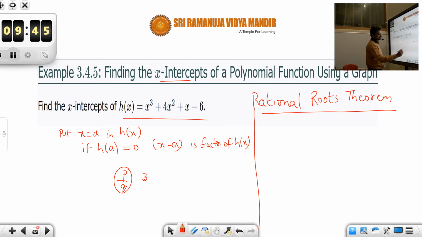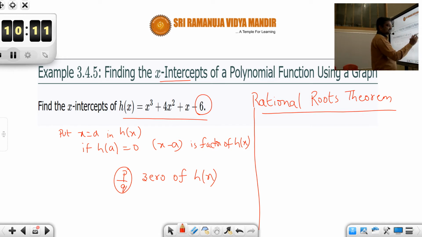Suppose p by q is a 0 of h of x. Okay, students. Then what your rational roots theorem says is this: minus 6 is there, right?